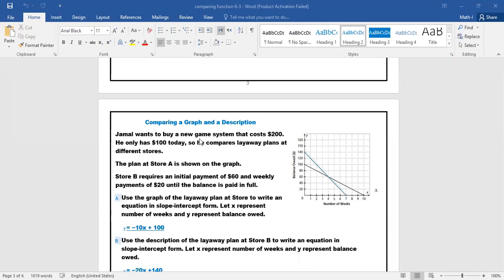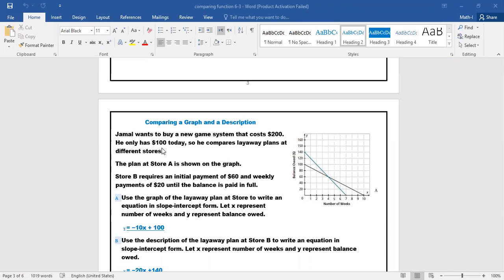Gamal wants to buy a new game system that costs $200. He only has $100 today. So he compares layaway plans at different stores. His target is to buy a new game system that costs $200.